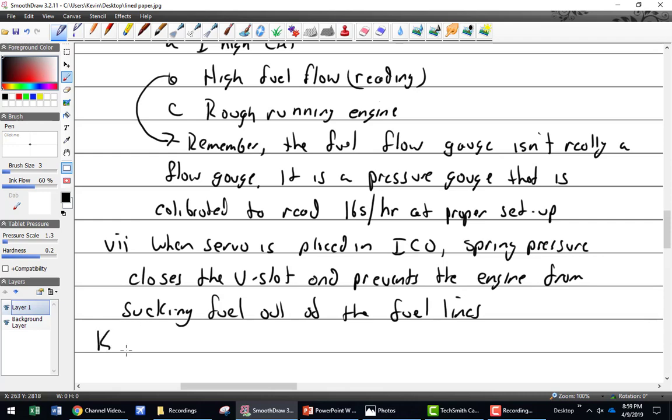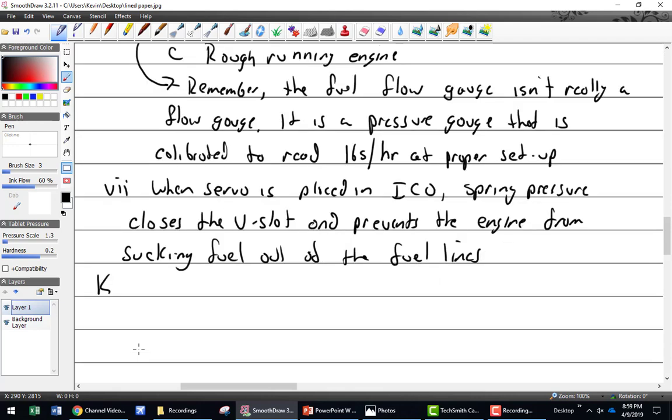Kevin, the black nozzles, are they purely a function of contaminants, or is the nozzle clogged? Now, there's two things that can get plugged on a nozzle. The question I just asked you assumed you didn't know anything about the nozzles, and it's just an orifice plugging the fuel orifice.